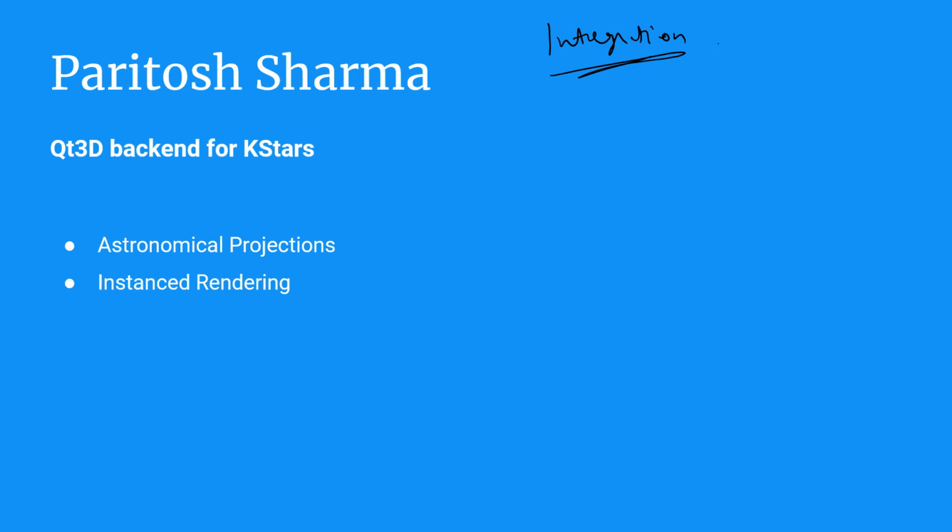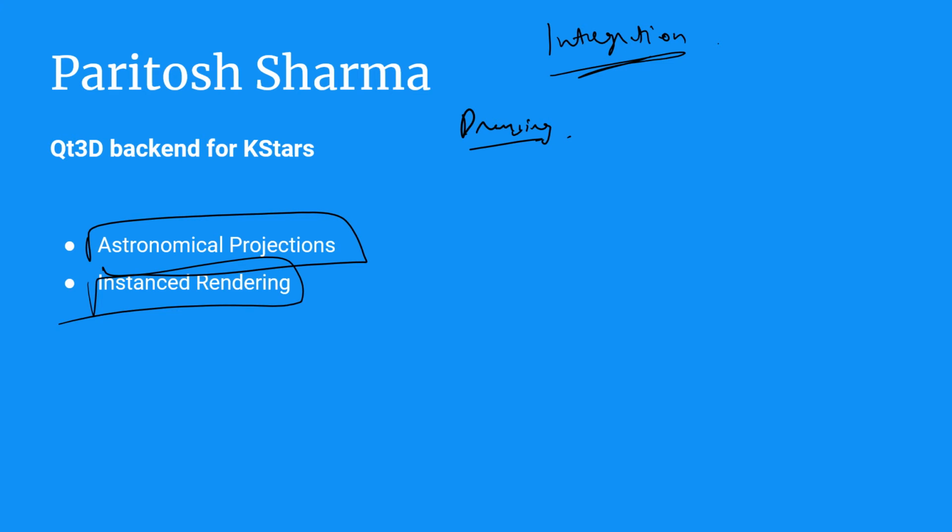Now we are talking about some technicalities related to drawing, as in using that backend to draw in 3D. This mainly covers two topics, which are astronomical projections and instance rendering. Generally, when we use 3D software or play 3D games, we use something known as perspective or orthogonal projection.